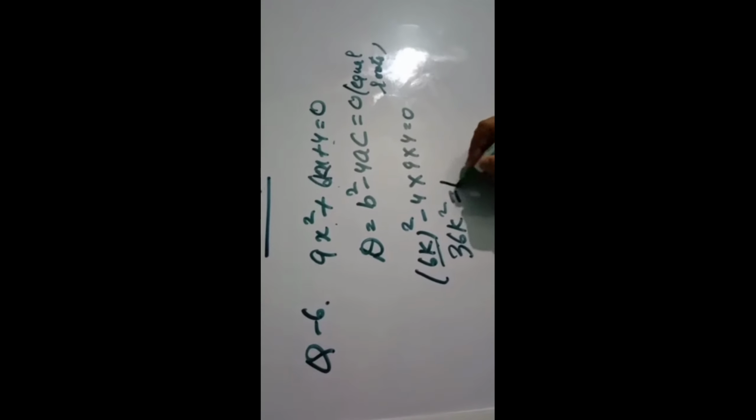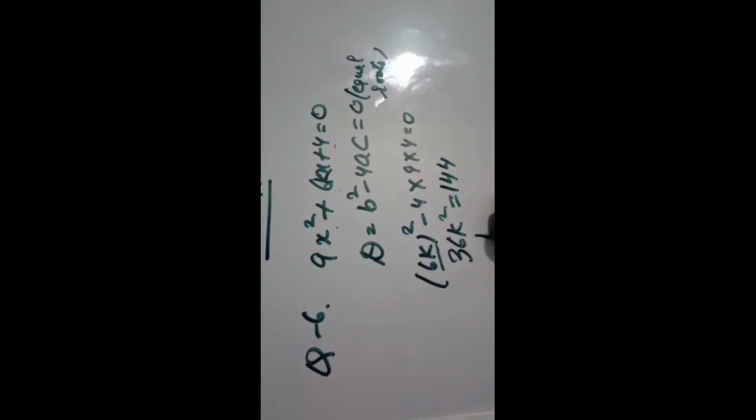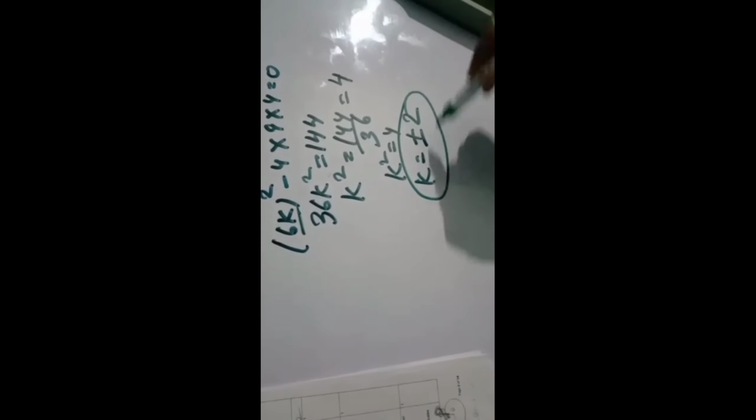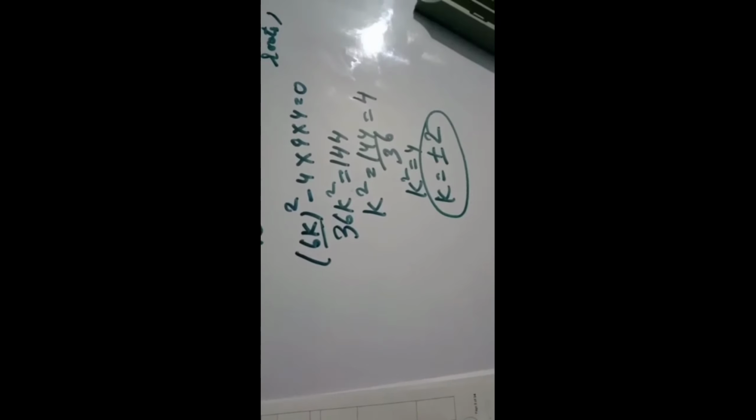Minus 144 you will take to that side, it will become plus 144. So k square will come 144 over 36. When you divide 144 by 36 you will get 4. So k square will come 4, so k will come plus minus 2, because the square of plus 2 is also 4 and minus 2 is also 4, so you have to write both. So the k value came plus minus 2.